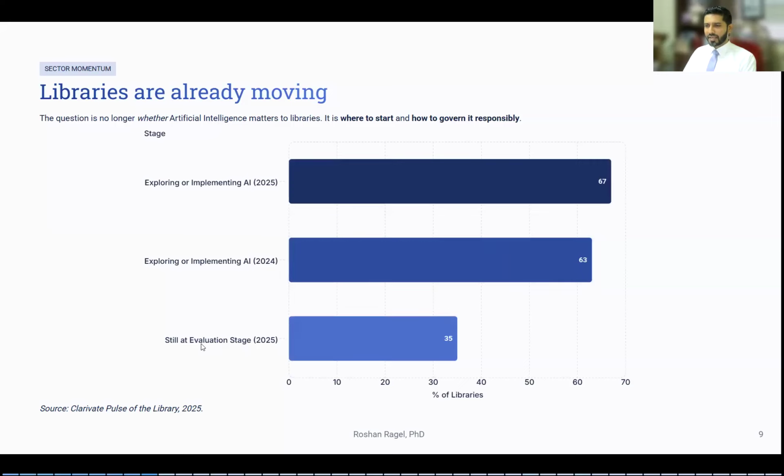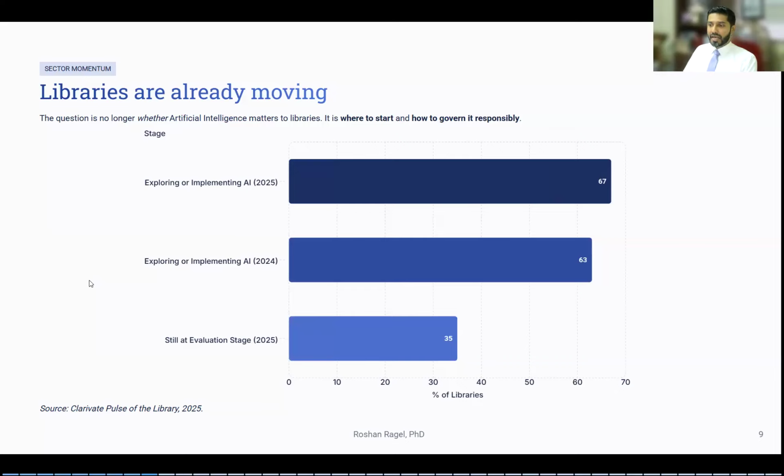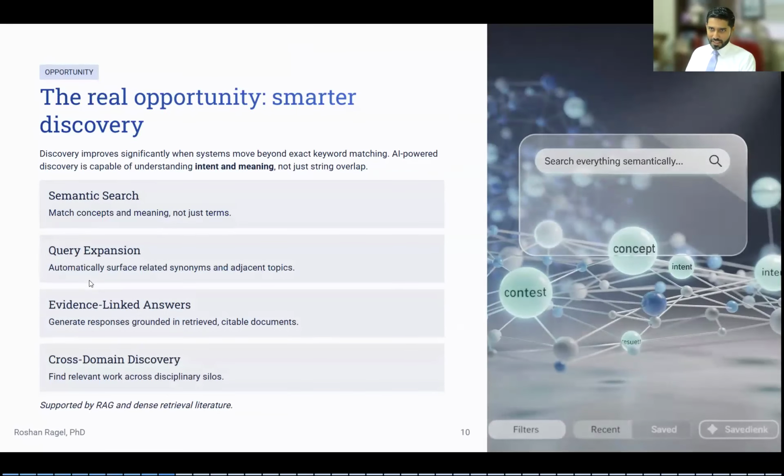But there are still institutions which are just at the evaluation stage, not really having done any implementation, only discussions and seeing the possibilities. So we have to go beyond evaluation and beyond pilots, and make it reality. I'll give a timeline on how it can be done and what needs to be done.